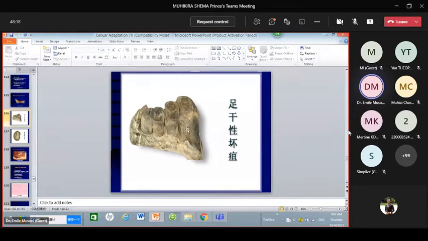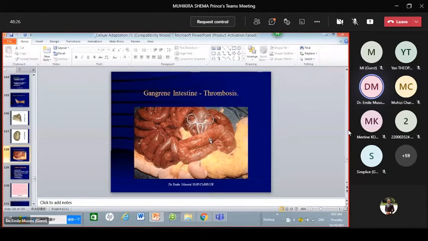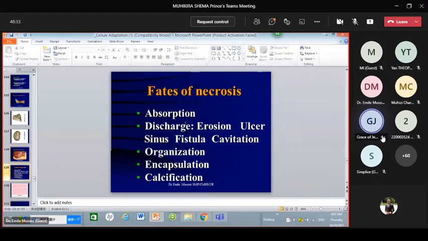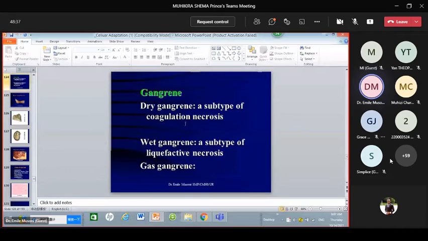So this is an image of that dry gangrene. Here there is a gangrene of the intestine. And what you must know, that is not written here, is that most of those wet gangrenes are caused by bacteria, Clostridium perfringens, if you have done your bacteriology.